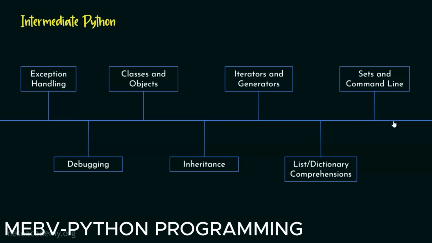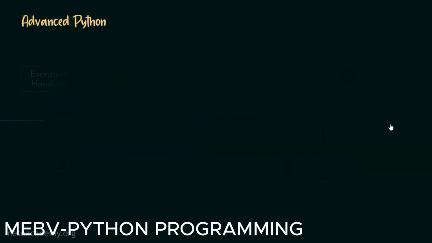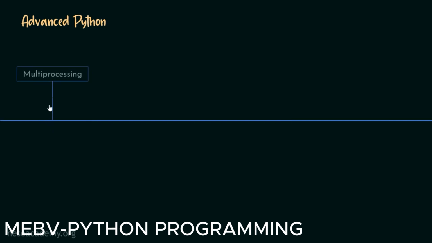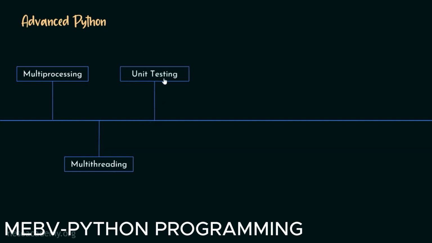After the completion of the intermediate Python section, we will move to the advanced Python section. Under the advanced Python section, we have total 7 chapters. The first chapter is multiprocessing. The second chapter is multi-threading. The third chapter is unit testing. The fourth chapter is decorators.